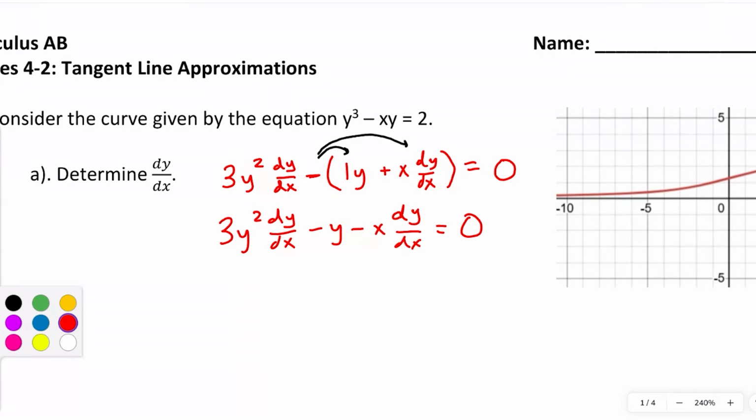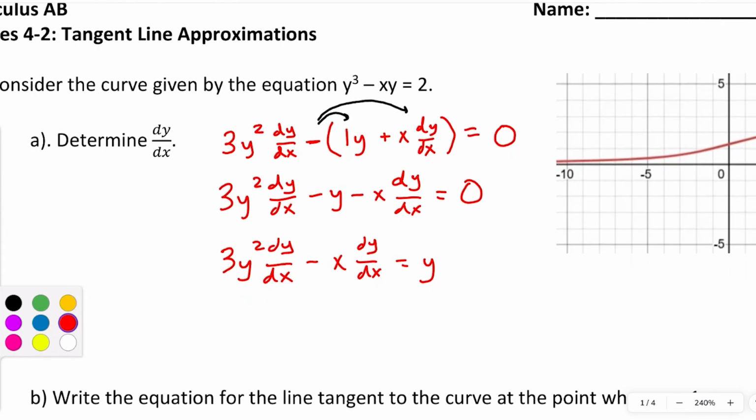All right, so now I'll collect my dy dx terms. 3y squared dy dx minus x dy dx. And I'll pull that y out to the right. Hopefully you did enough homework problems to see where this is going. We want to factor out the dy dx as a GCF, and then we'll divide.